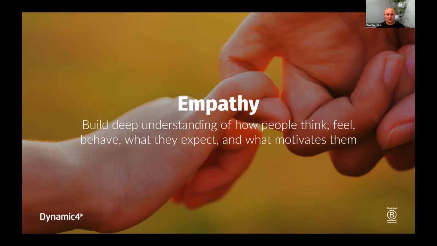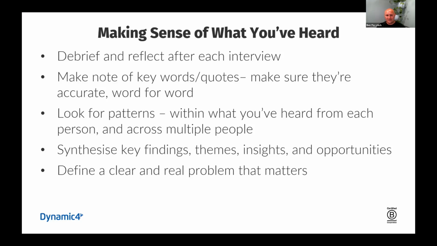And a lot of that starts with self-awareness. It's very hard to build empathy from a place of not being self-aware and not being in a positive mindset. When we're closed down and defensive, it's very hard to be open and building empathy with others. Through that synthesis of all the things that you've heard and making sense of it, it's then being able to find what those key themes are, but getting down to some real insights, and off the back of that, some opportunities.